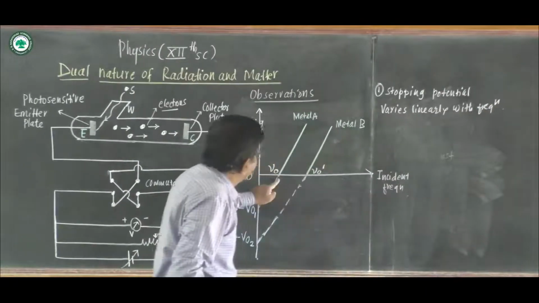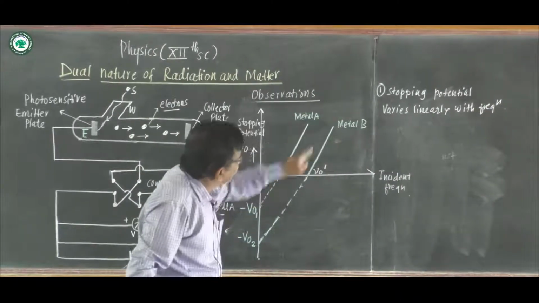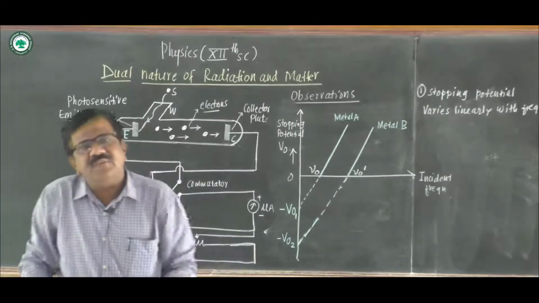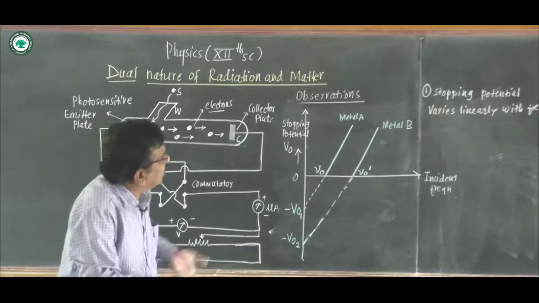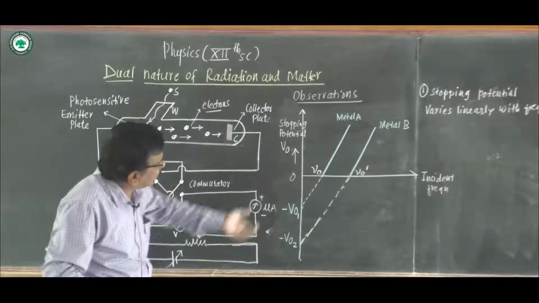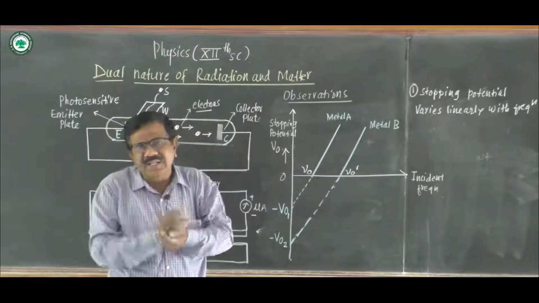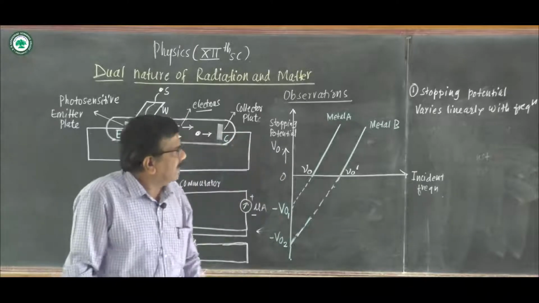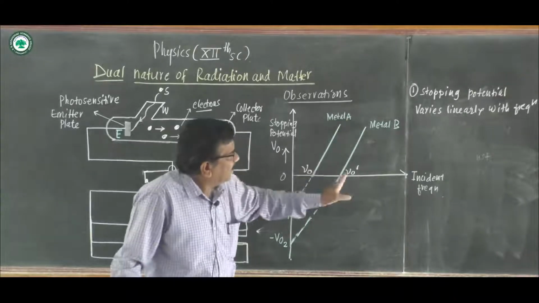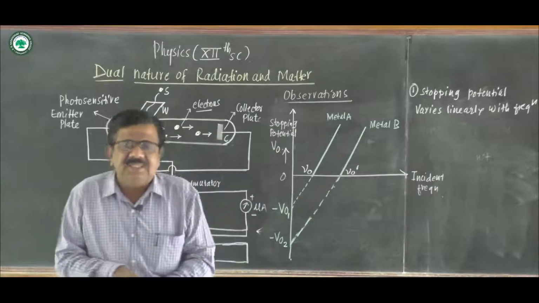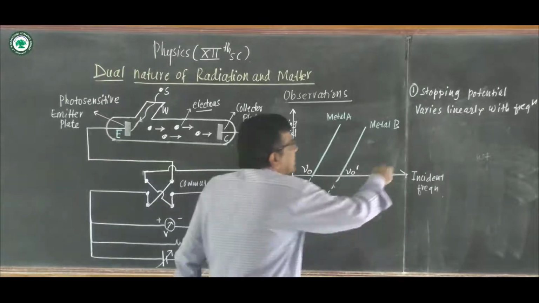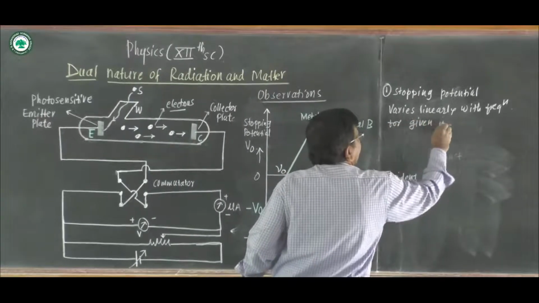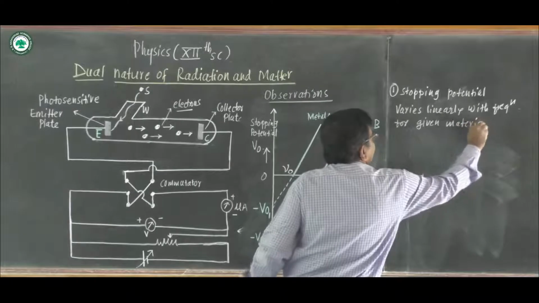See here, stopping potential increases linearly for both the metals. Stopping potential varies linearly with frequency of incident radiation for a given photosensitive material. For metal A the photosensitive material is different, for metal B it is different. This is our first conclusion.